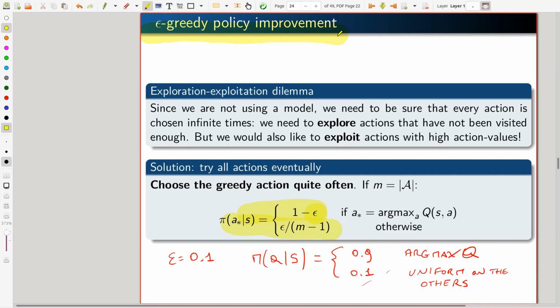But if I reach the maximum, why should I move from it? Why should I change my choice?